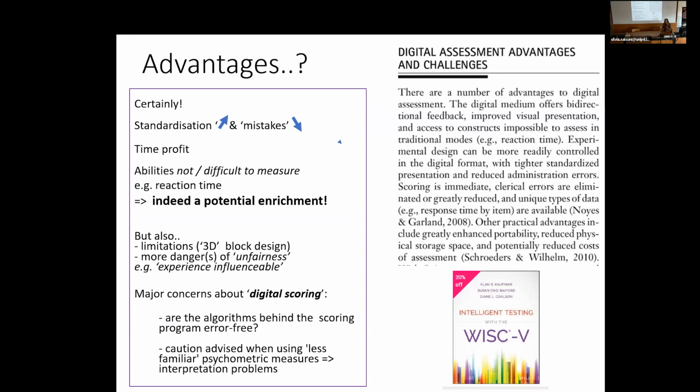Sorry, correct, yeah, we have to change it. So there's a lot in the dark, let's say, when programs are scoring. And another one is people being less familiar with psychometric measures. That's from the RIAS-5, for example, you just do like that, and you get 7 pages of statistics.